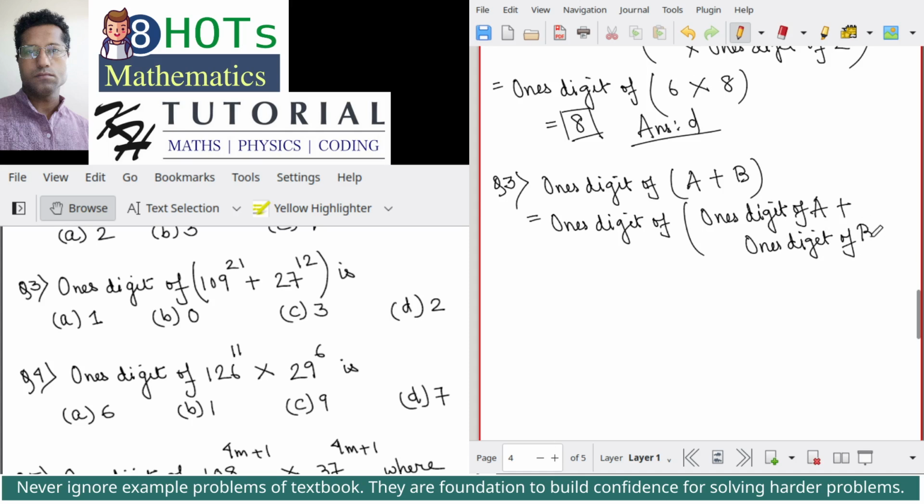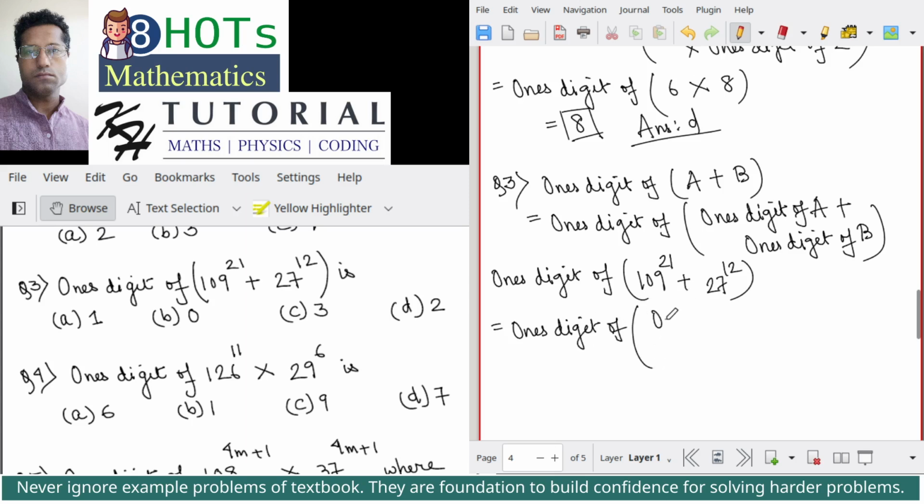So the ones digit of 109 to the power 21 plus 27 to the power 12 will be equal to the ones digit of the ones digit of 109 to the power 21 plus the ones digit of 27 to the power 12.